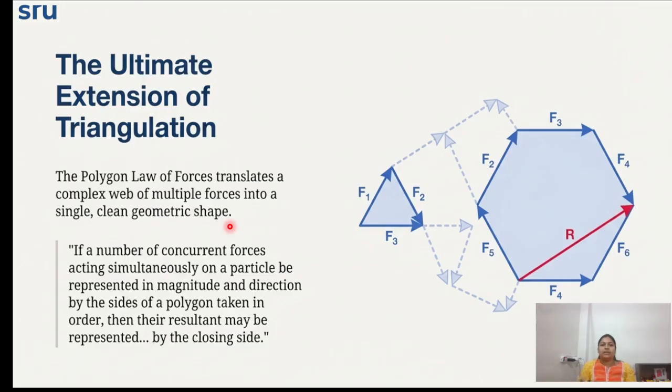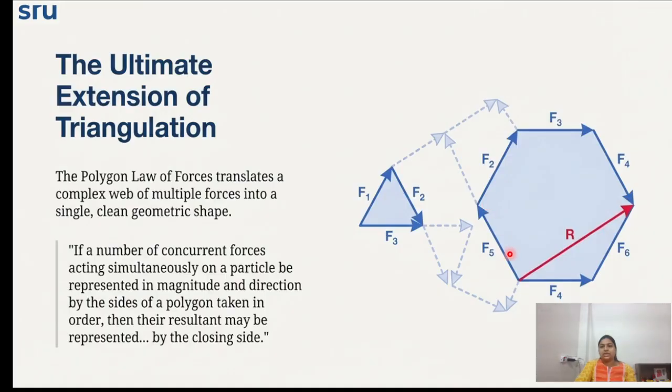So the statement is: if a number of concurrent forces acting simultaneously on a particle or on a system are represented in magnitude and direction by the sides of a polygon, as we can see in this diagram, taken in order, the forces which are acting need to be in order, then the resultant may be represented by the closing side.